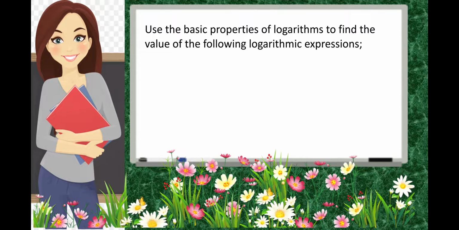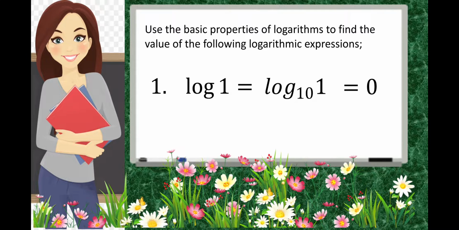Now, let's try to use the basic properties of logarithm to find the value of the following logarithmic expressions. First, the logarithm of 1. That is a common logarithm, to the base 10, so that is log of 1 to the base 10, which is equal to 0.